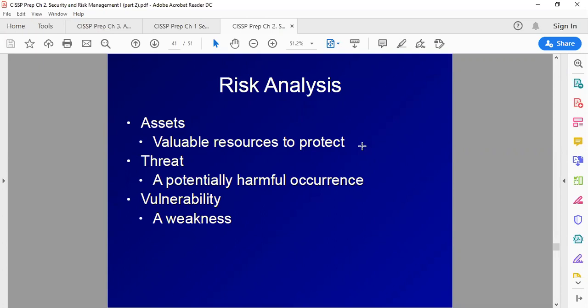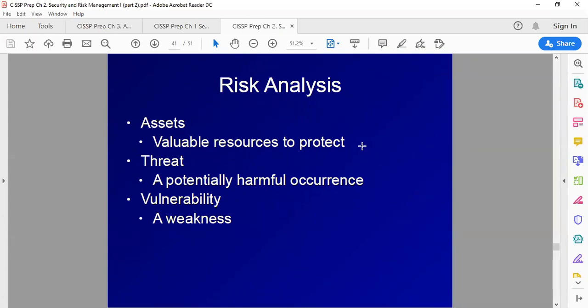And the threat is a potentially harmful occurrence, different things that occur multiple times. Suppose you find a vulnerability where all ports are open on the firewall. You are creating policies with any on the WAN to LAN zone, so all traffic can come from outside to inside, or inside to outside, with a number of ports open and any services, and anything can come to your internal zone and go to the outside zone.